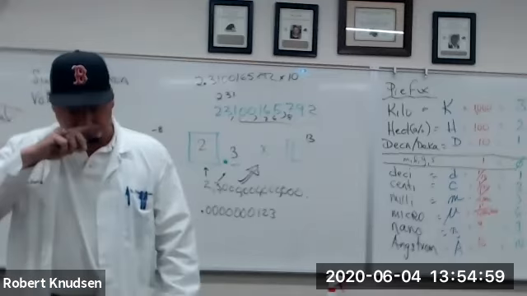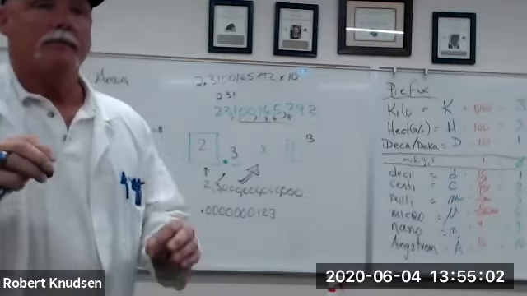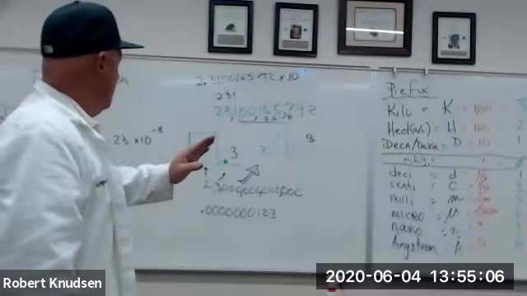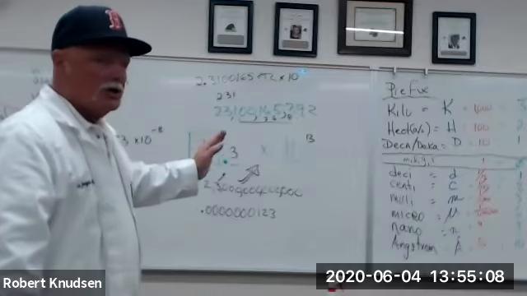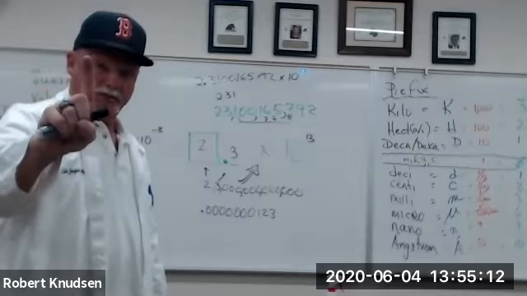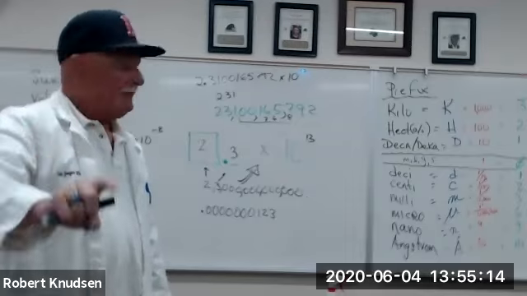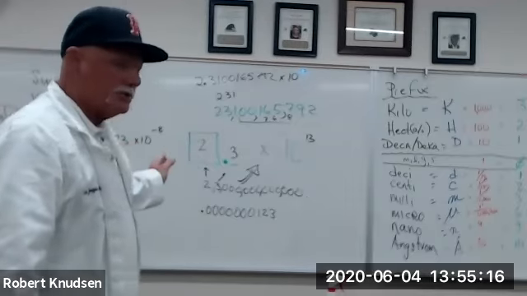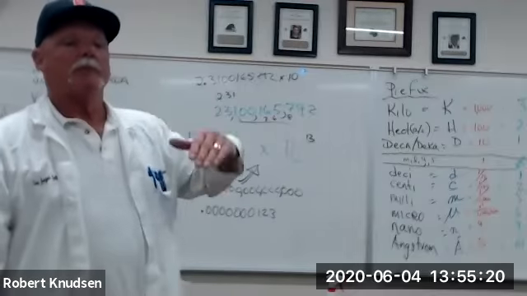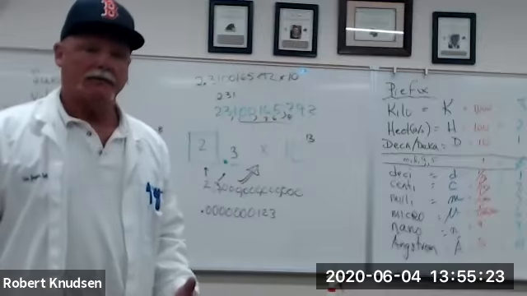Okay? Now, mathematicians, chemists will tell you if it is a large number, you move the decimal place to the left, it is a positive movement. Okay? If you move the decimal place to the right, it's a negative movement. So your exponent is negative.